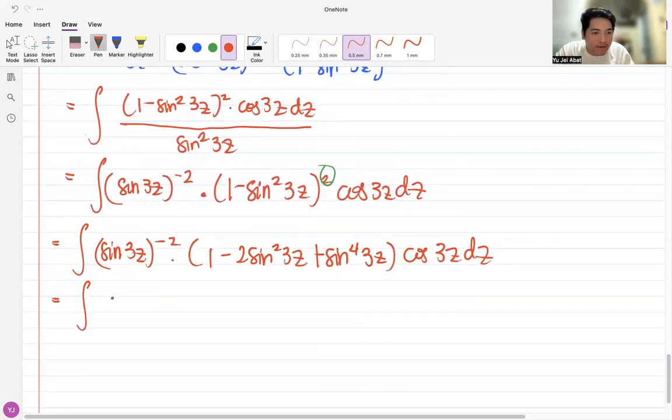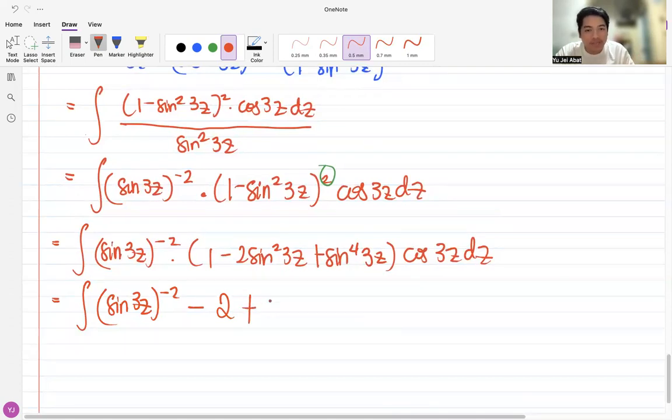I have sine of 3z raised to negative 2, and then minus sine 3z raised to negative 2 multiplied by sine squared 3z, which cancels, leaving 2 here. And then plus, 4 plus negative 2 becomes sine squared of 3z. If we multiply these two, that becomes sine squared of 3z because of the property of exponents: whenever we multiply, we add the exponents.